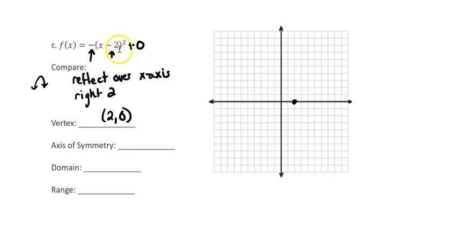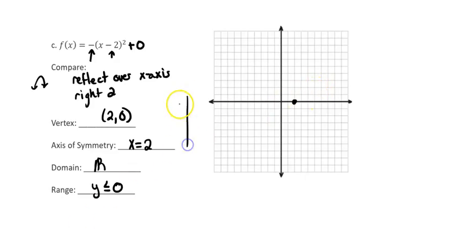And you can see I find the vertex right here. I use +2 instead of -2 because horizontal translations are always opposite, like minus is right. And then this is the k value, and I use 0, so it's 2, 0. This is h, k, and that makes the vertex. So the axis of symmetry is x equals 2. It opens down, so it's less than or equal to, and then you put the 0 there.